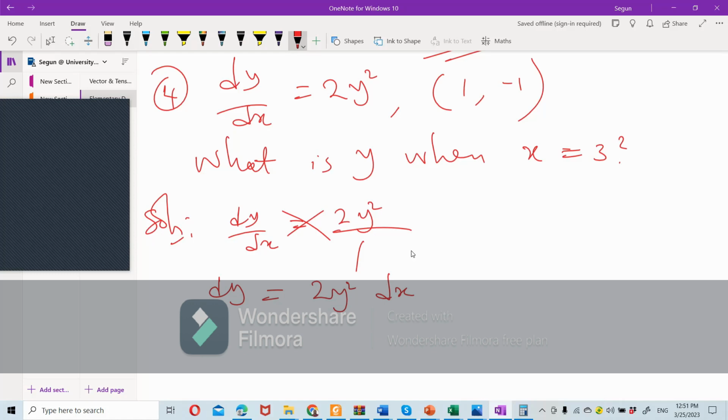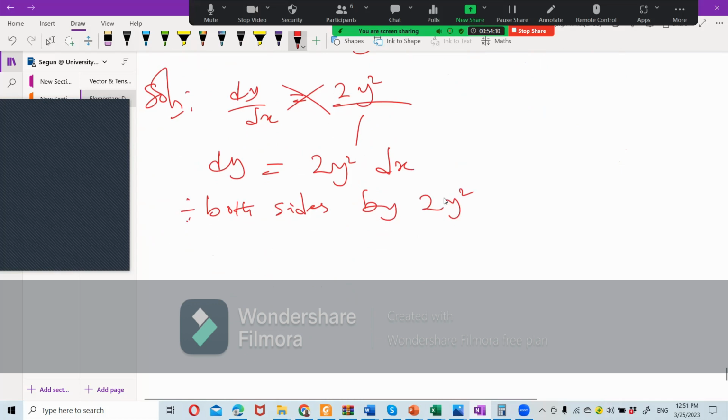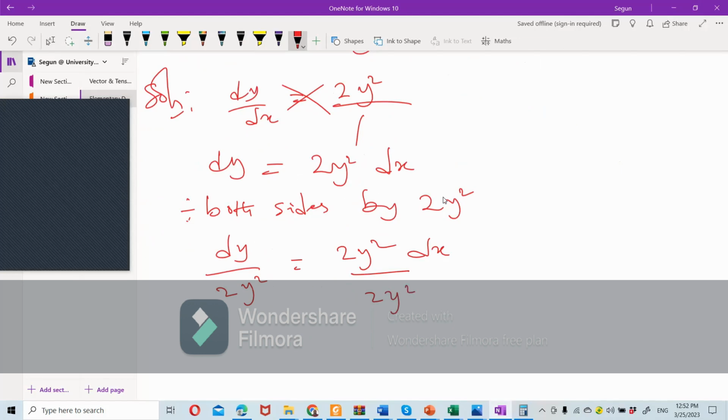In this case, you divide both sides by 2y squared. If I divide both sides by 2y squared, I have dy over 2y squared equals 2y squared dx over 2y squared, so this goes with this. At the end of the day, I have 1 over 2 times dy over y squared equals dx.